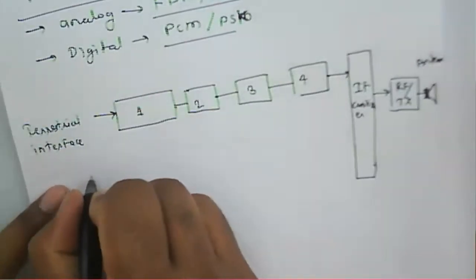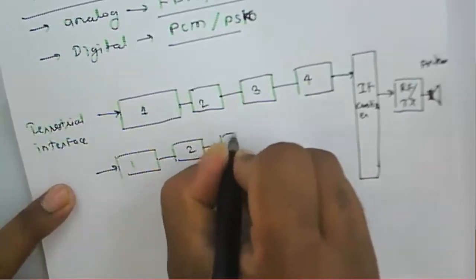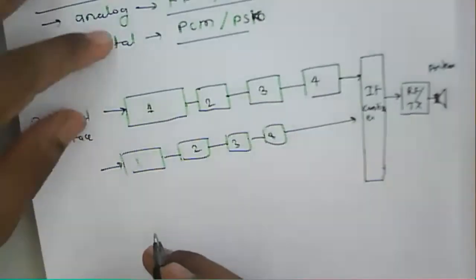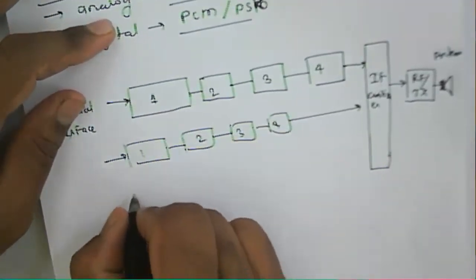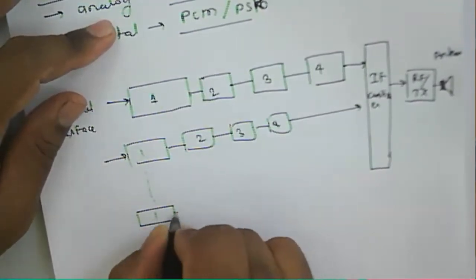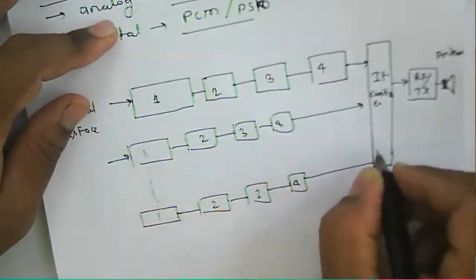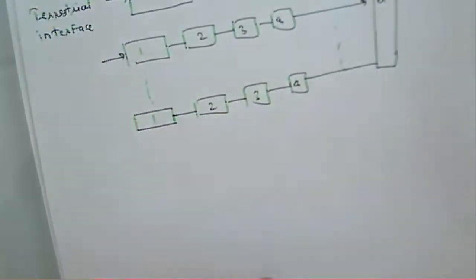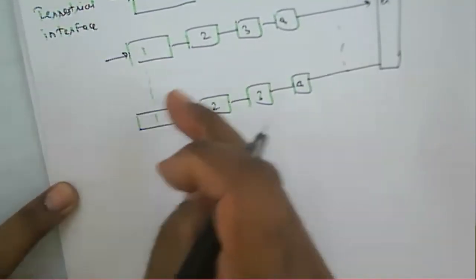Similarly we have one, two, three, likewise. I'll write what the meaning of this 1, 2, 3 is. Then that is about the antenna.